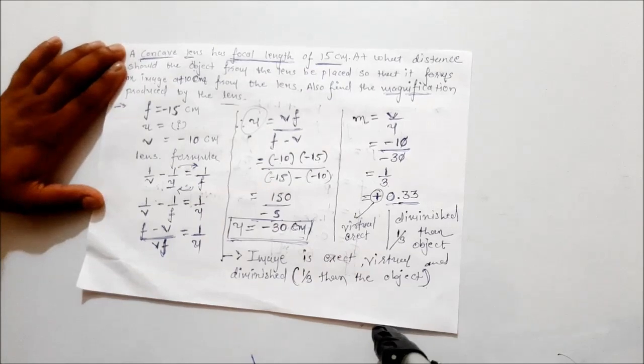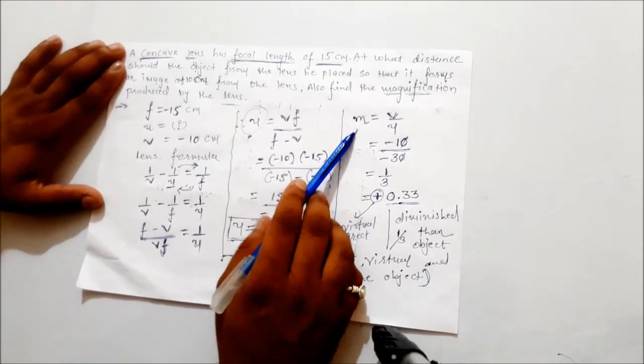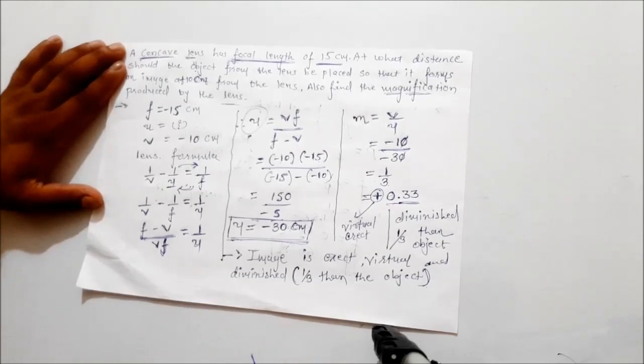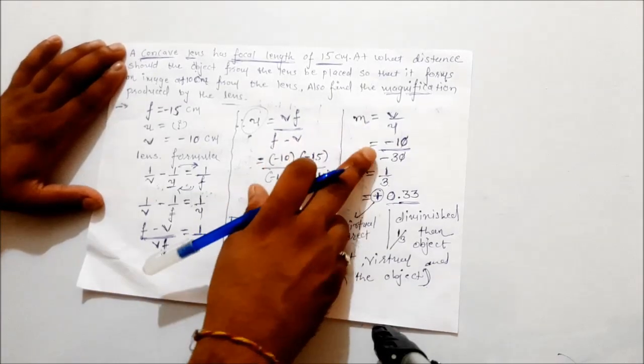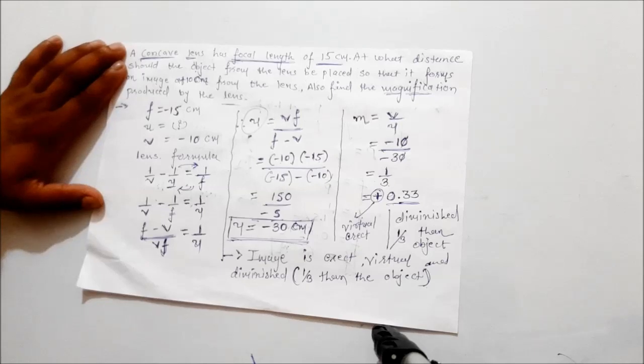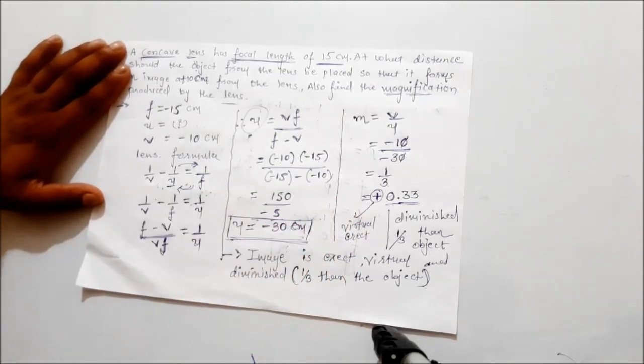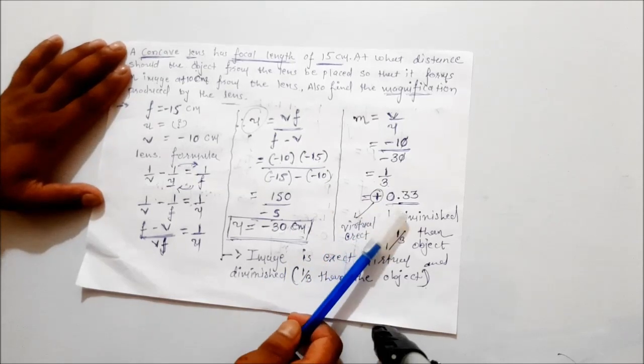Also we have to find out the magnification. So magnification for lens, the formula is m is equal to v by u. By placing values in that formula, we are getting magnification, that is positive 0.33.